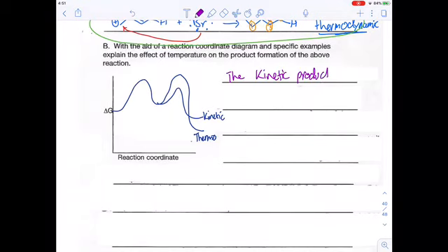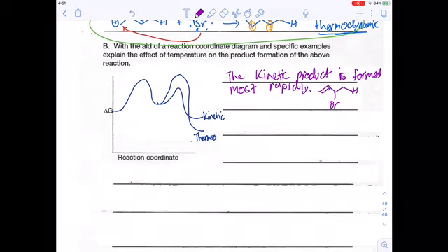Okay, so he says that, I'll do this in purple, the kinetic product is formed most rapidly. And then he gives the example of the kinetic product from the prior one with the more highly substituted halogen.